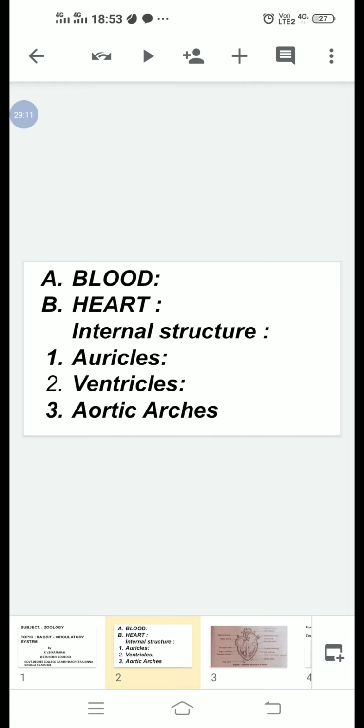The two auricles are separated by the interauricular septum. In the embryonic stage, the septum has a small pore called the foramen ovale, but in the adult this aperture is closed and represented by a small depression called the fossa ovalis. The right auricle is larger than the left auricle.